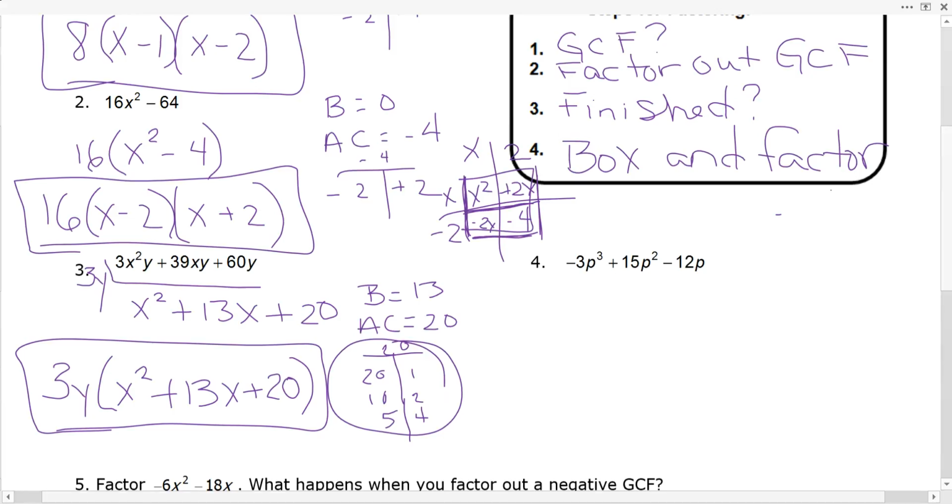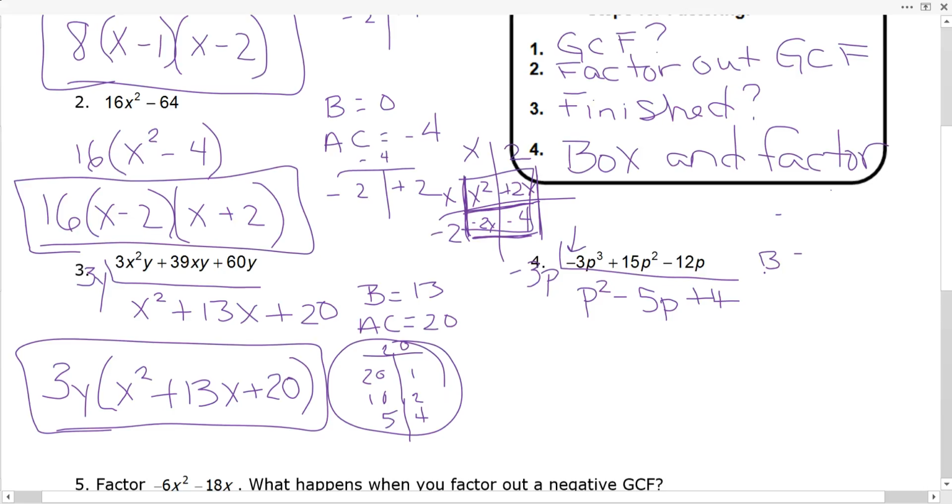We're done. All right, number 4, I'm going to take out a negative 3p. And I'm taking out a negative because there's a negative there. What that means is I have to switch all my signs. So I'm going to end up with p squared minus 5p plus 4.